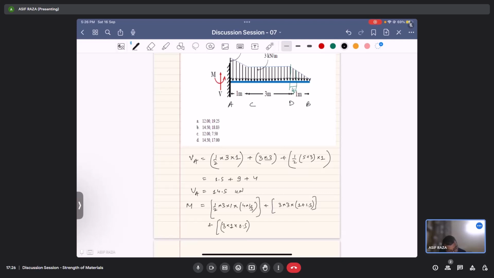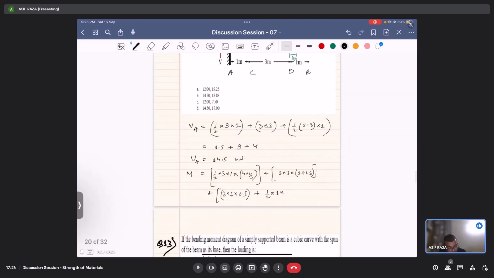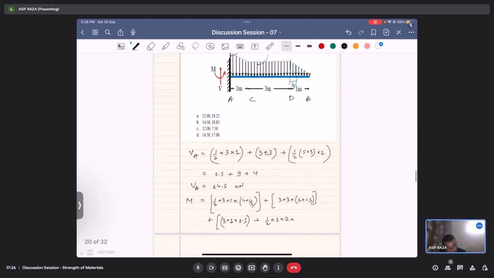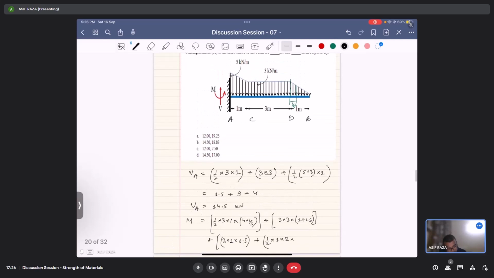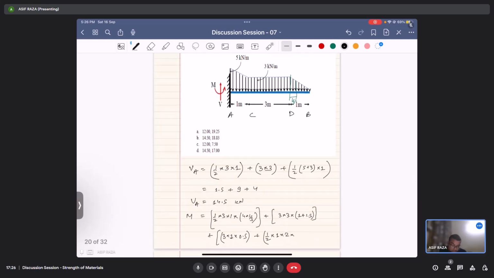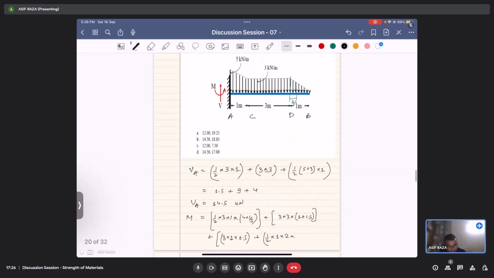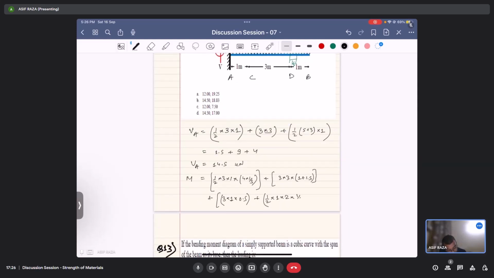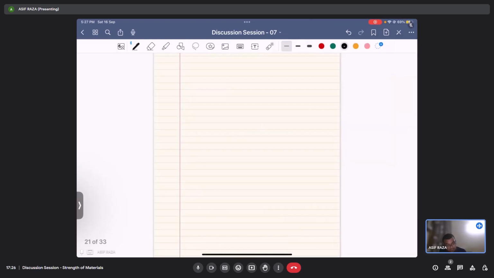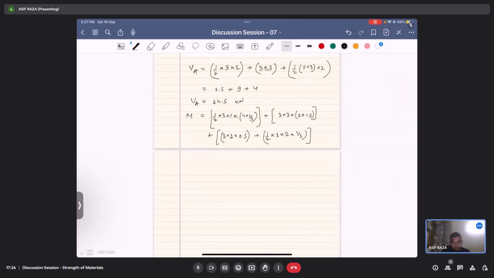Okay, plus now from the triangular part it would be half into base 1 into height 5 minus 3, that is 2, and the distance it would be acting at 1 by 3 from the left hand side. So okay, 1 by 3. Let's just calculate this and be done with this.